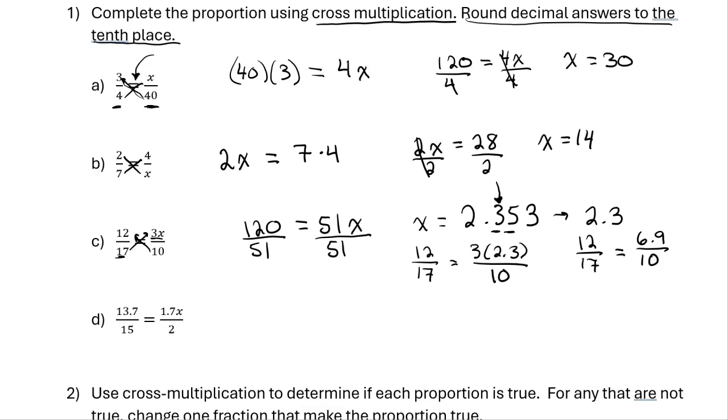So the left-hand side, I get 0, and let's see, I'll take it out to the 1000th place. So now I need to see what the right-hand side is, and I get 69 hundredths. So notice those are really close, right? So that is close enough to say that yes, the answer is correct.